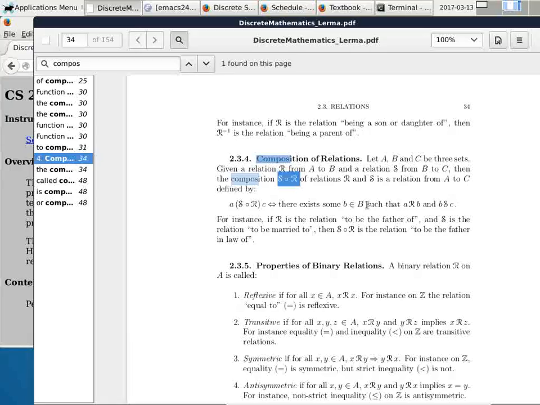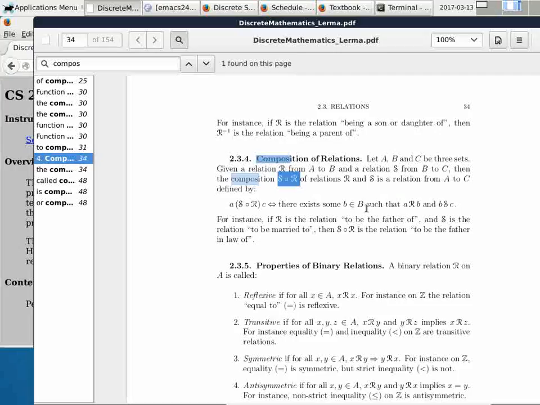So let's take an example. Let's say that two pens are equivalent if they write the same color.